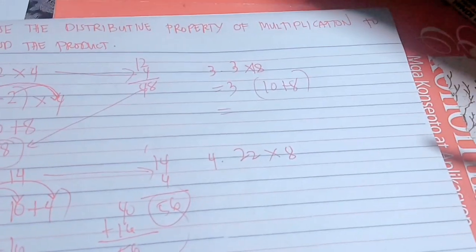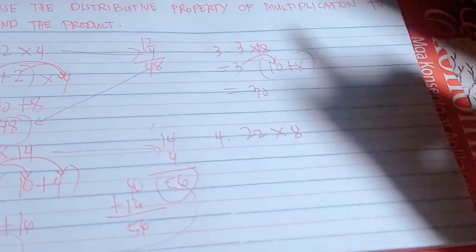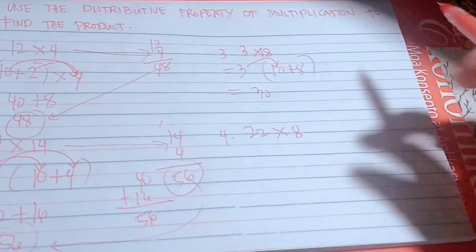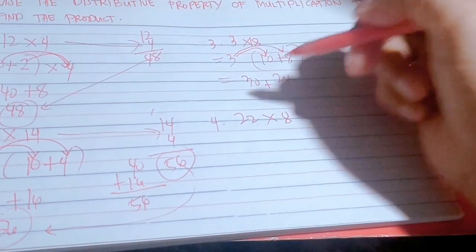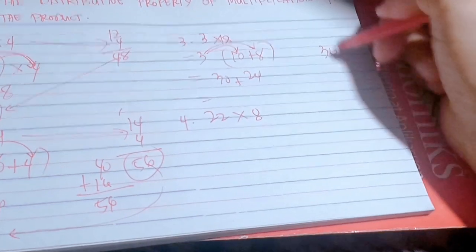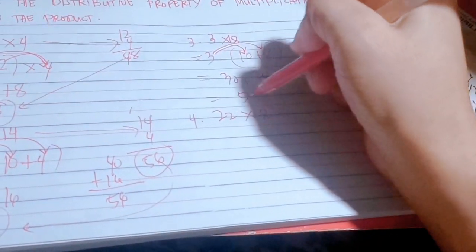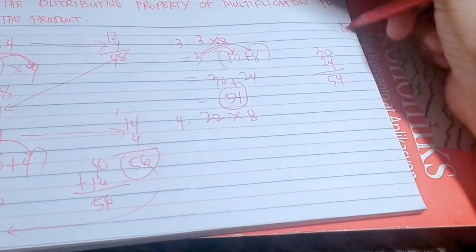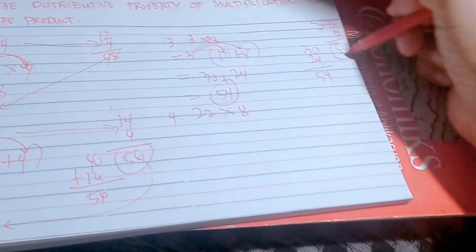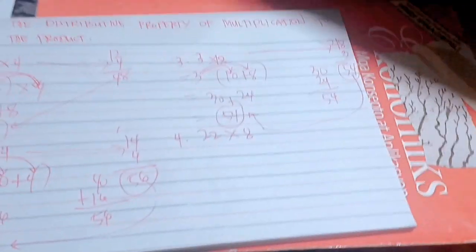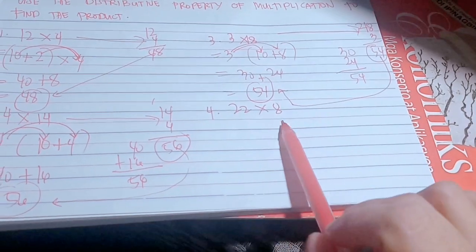Then, saka natin i-distribute. 3 times 10, 30. 3 times 8, 24. Then, ipa-plus natin. So, 30 plus 24 is 54. So, 18 times 3, 54. Yan. Then, number 4, 22 times 8.